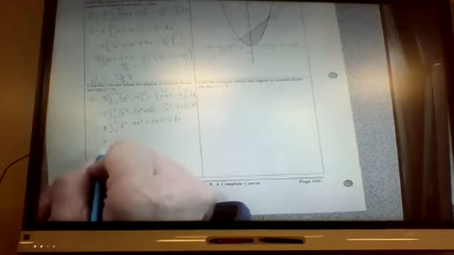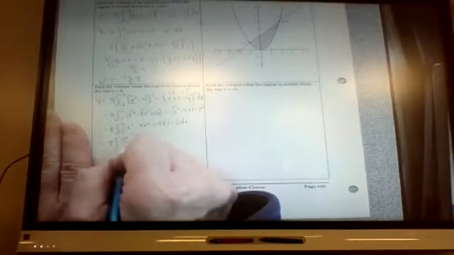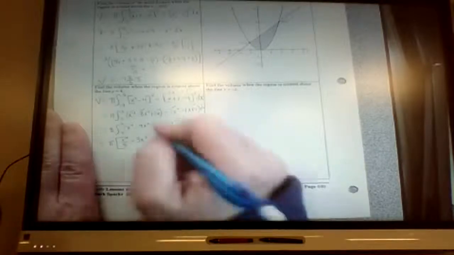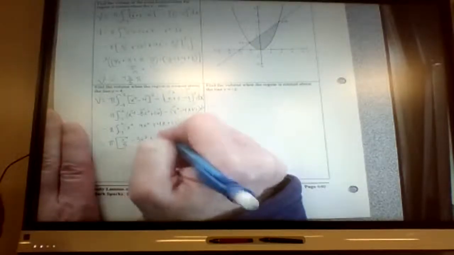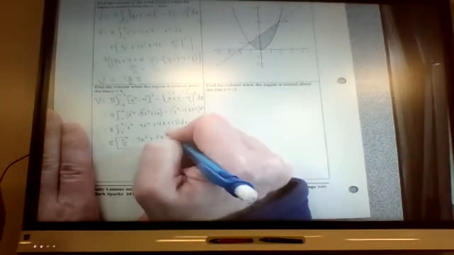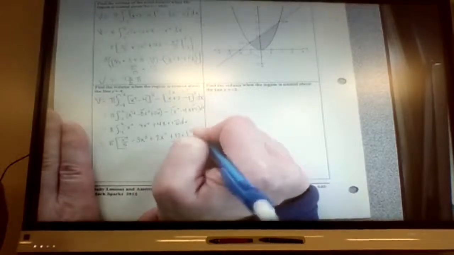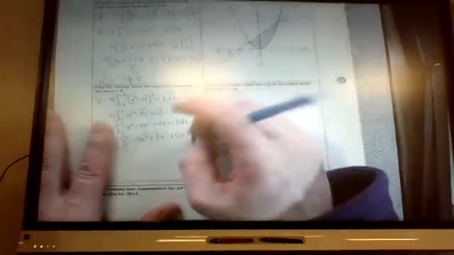Okay, so now let's take the antiderivative. No dx anymore, because I just did it.